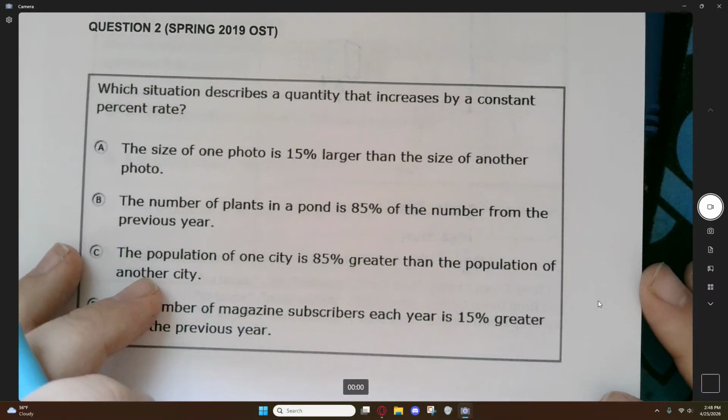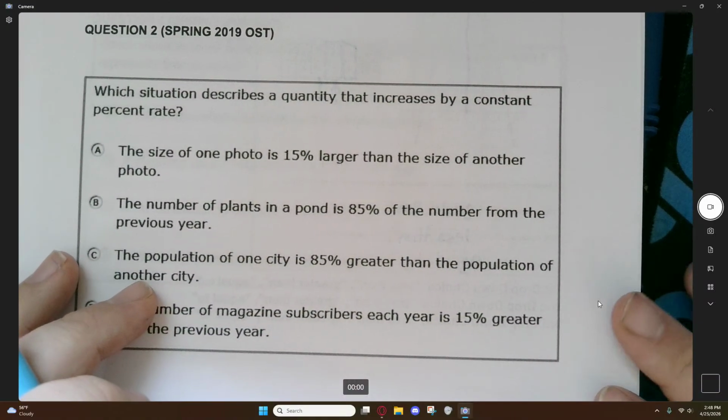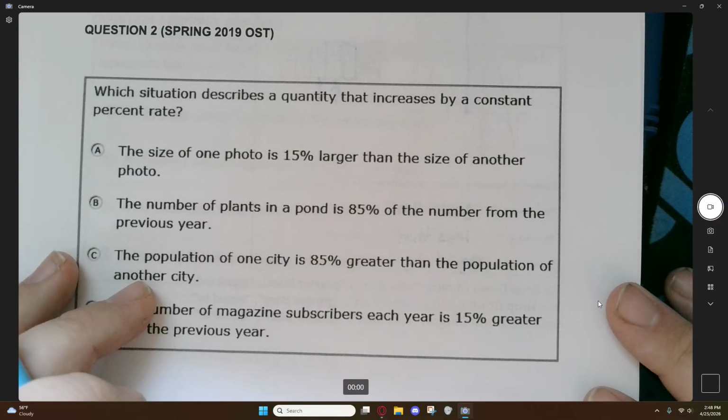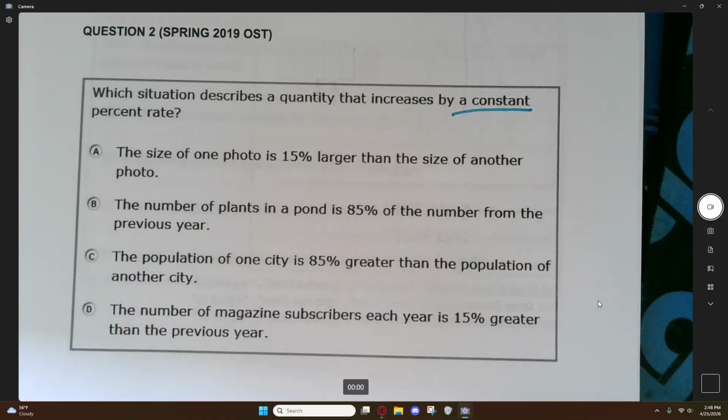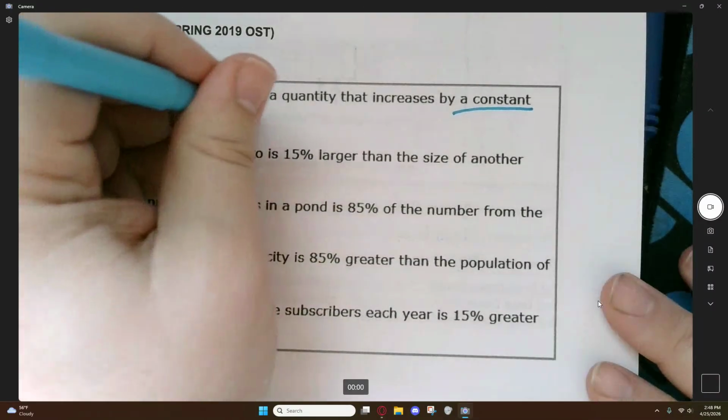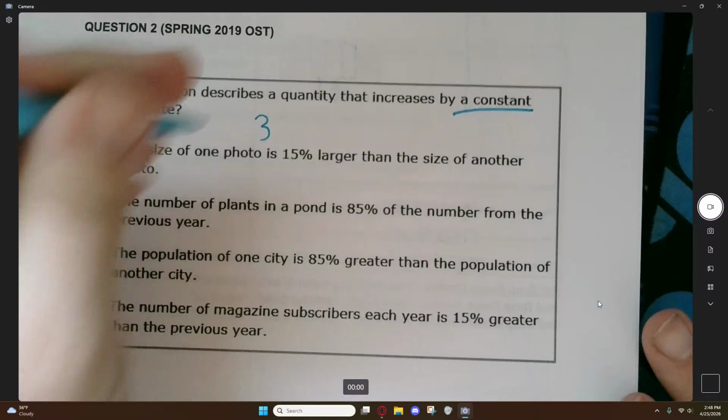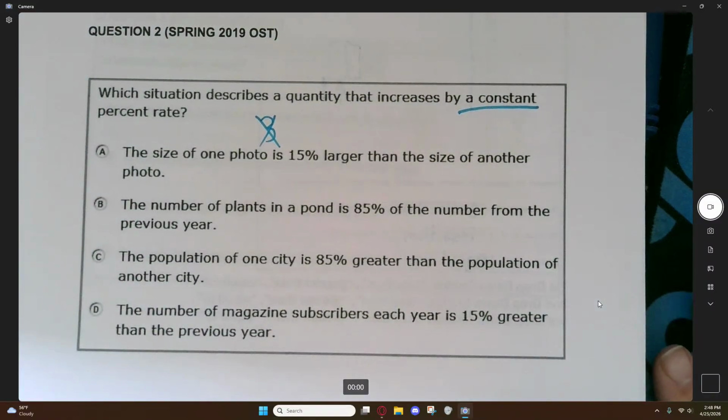Which situation describes a quantity that increases by a constant percent rate? When you see the word constant, okay, there are two things you should think of. Either A, a number with no variable, but that's not the context of this question. Constant means that it has happened more than once.